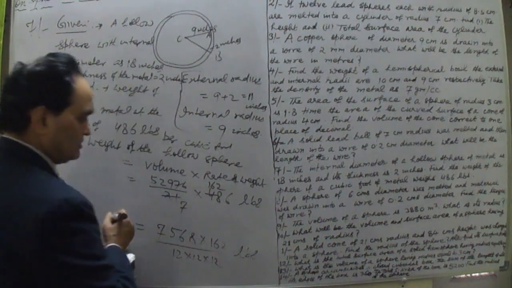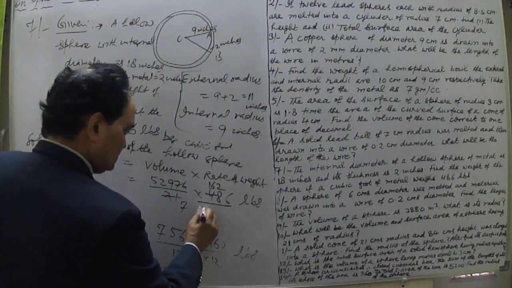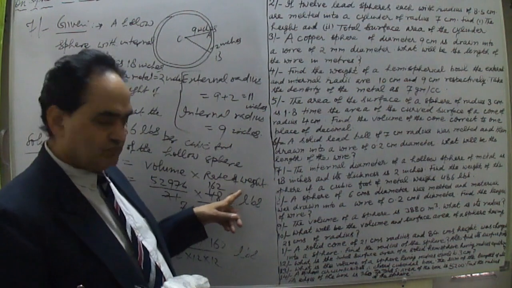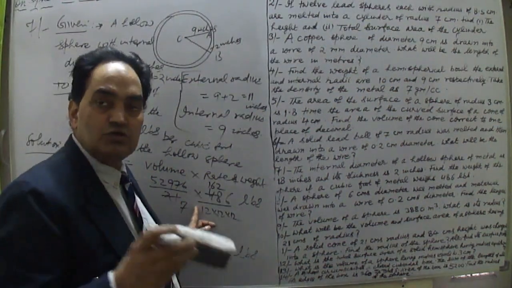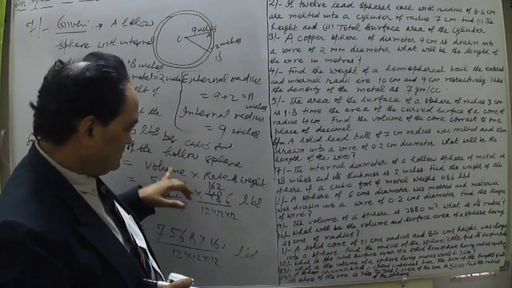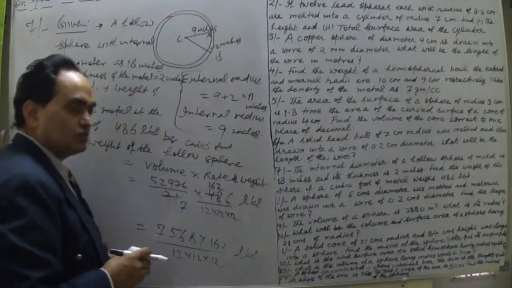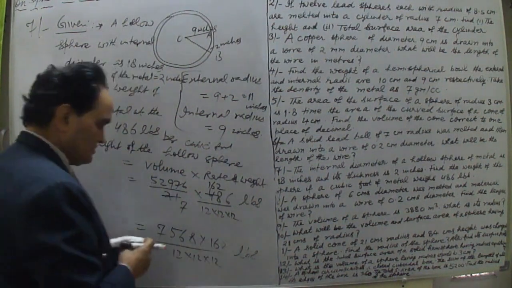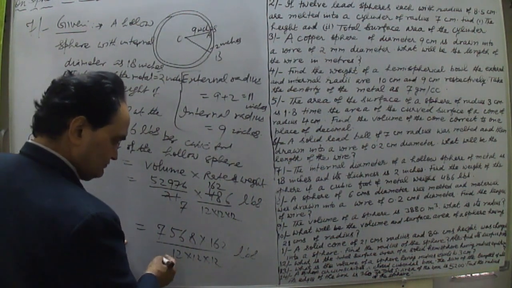The volume calculated was in cubic inches, so converting it into cubic foot is divided by 12 into 12 into 12, because 1 foot equals 12 inches, or 1 inch is equal to 1/12 foot. So now let me divide it further.